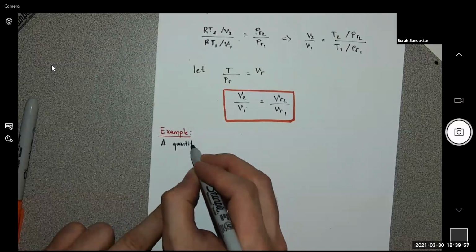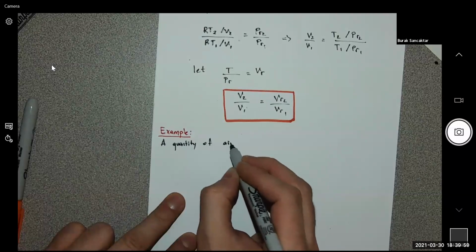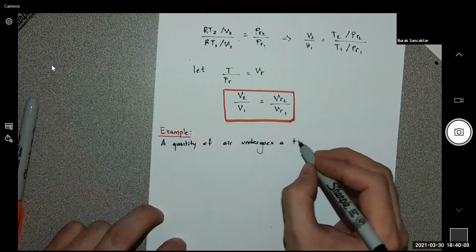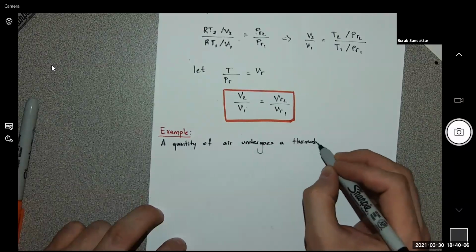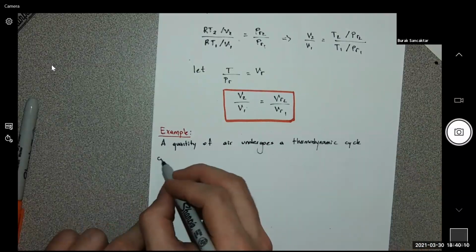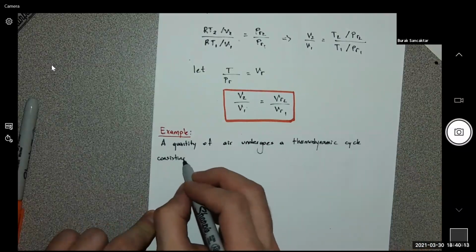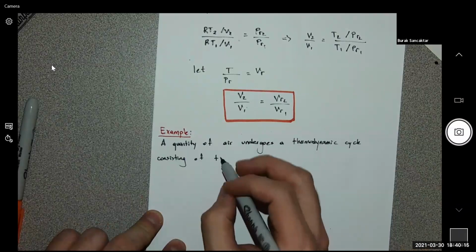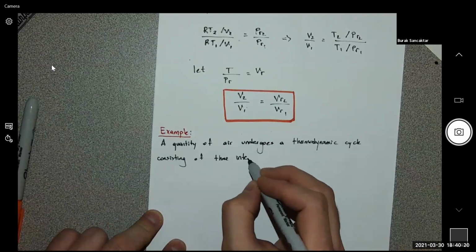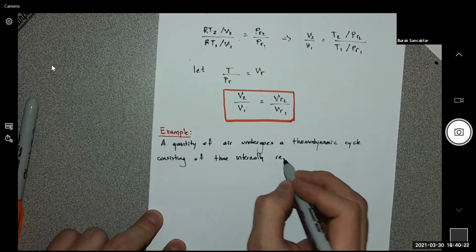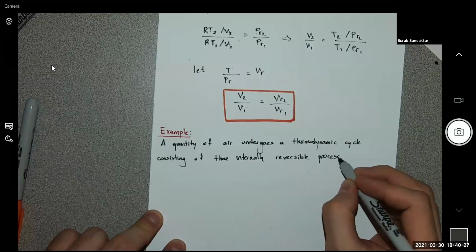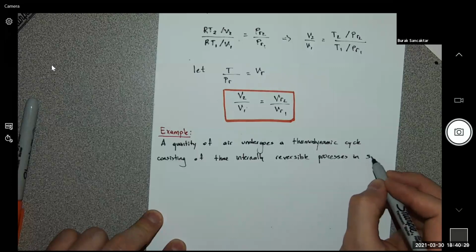A quantity of air undergoes a thermodynamic cycle consisting of three internally reversible processes in series.